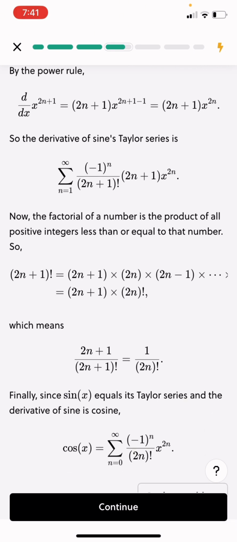I may be saying these wrong, which I probably am, but I'm just trying to explain them in the way that I understand them.